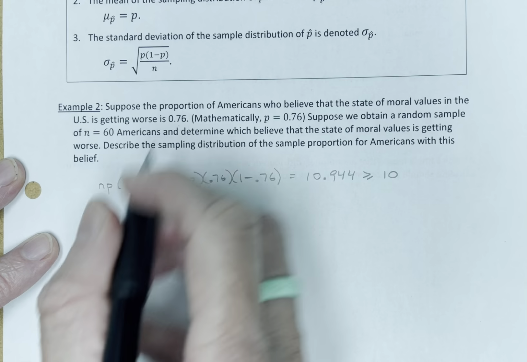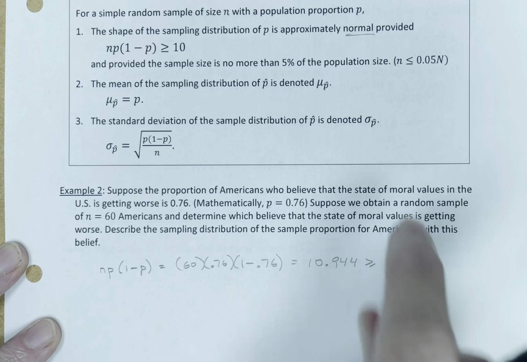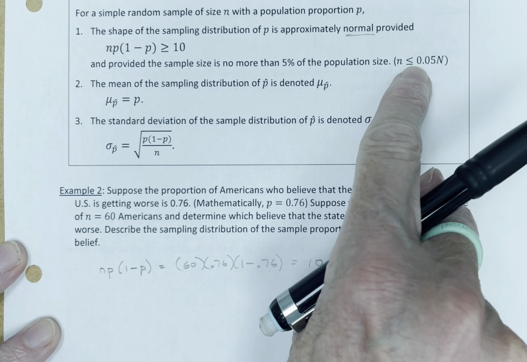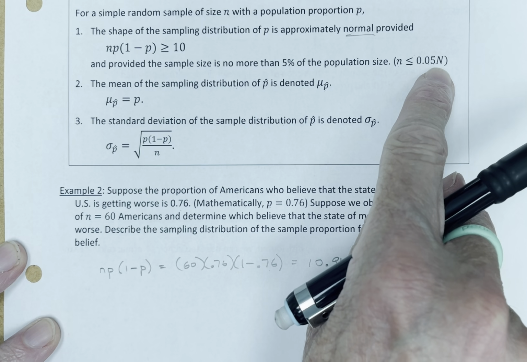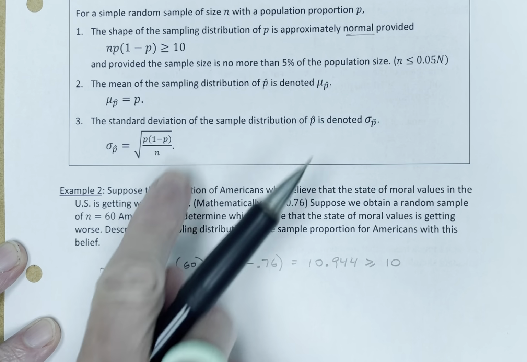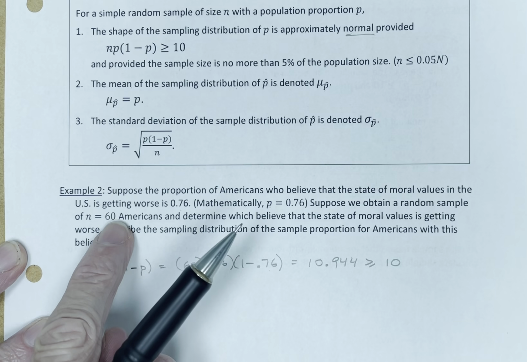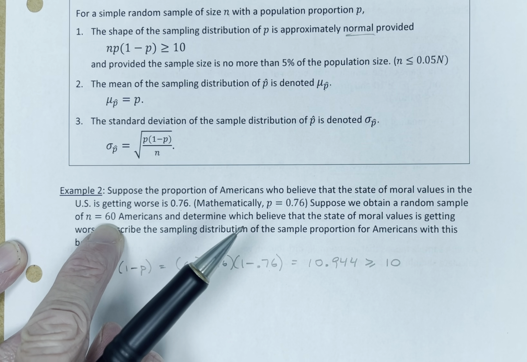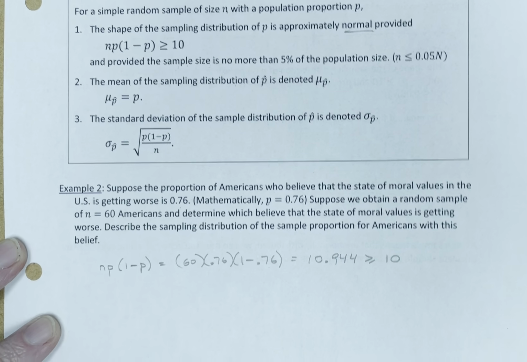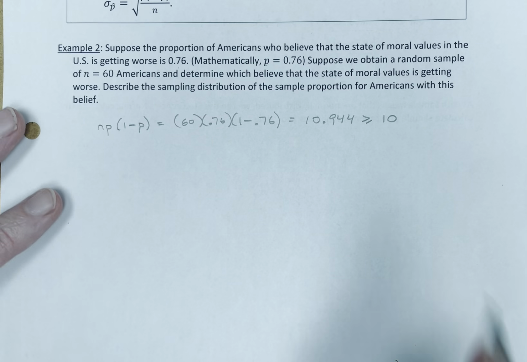The second test: is our sample size less than or equal to 5% of our population size? Well, think about it, our population is massive. 60 people is way less than 5% of our population, so we'll write that down.